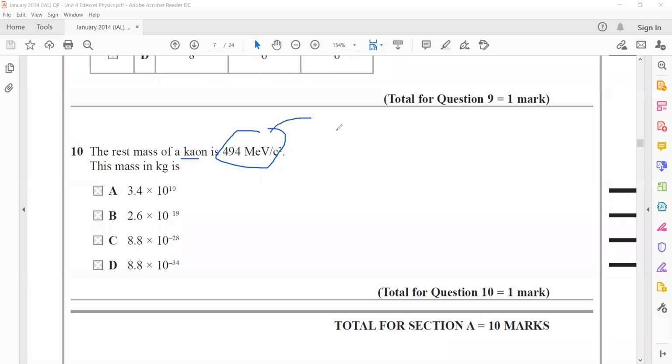So for that, the equivalent energy will be 494 mega electron volt. You will convert this mega electron volt first to electron volt, so 494 times 10 to the power 6 electron volt, and then convert this electron volt into joules and divide by c squared. You will get the mass in kilograms.